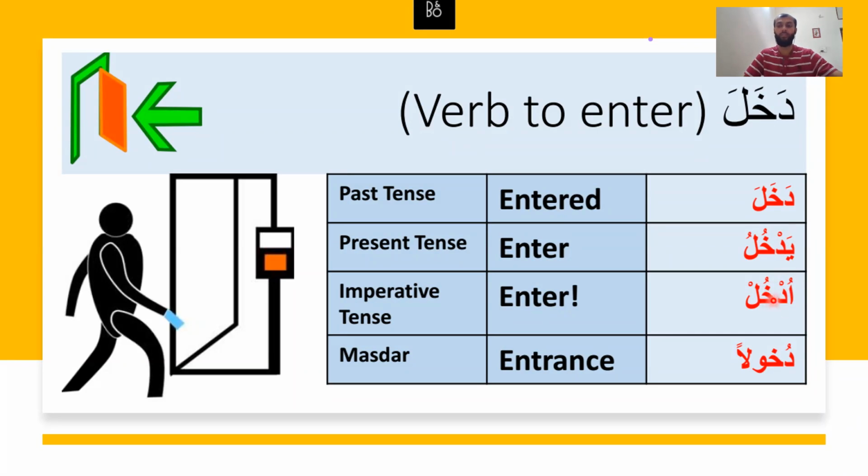If it doesn't have dhamma, if it is yaftahu, fataha means to open. Yaftahu is he opens. Taftahu is you open. Now taftahu, because it is ta, it's not tu, it is ta. So at the start, I'll add a hamza. It will become ifta.